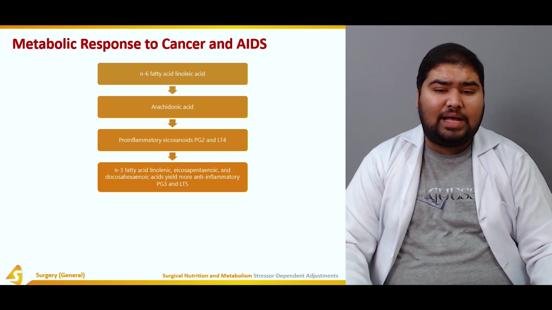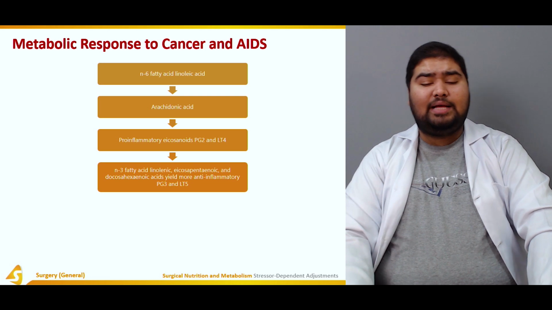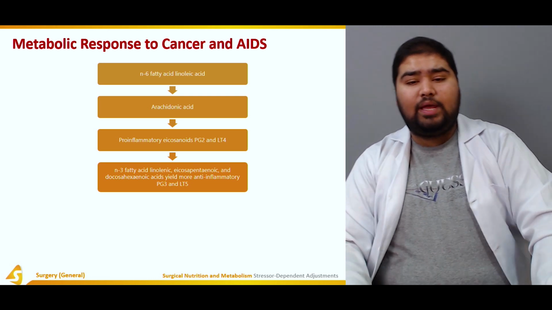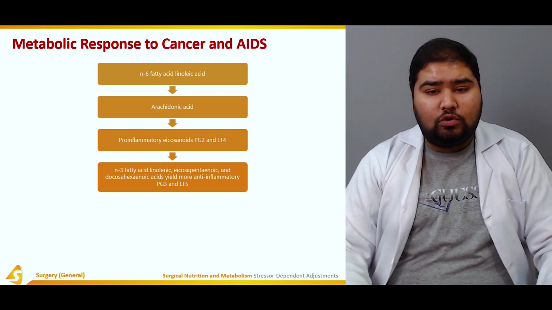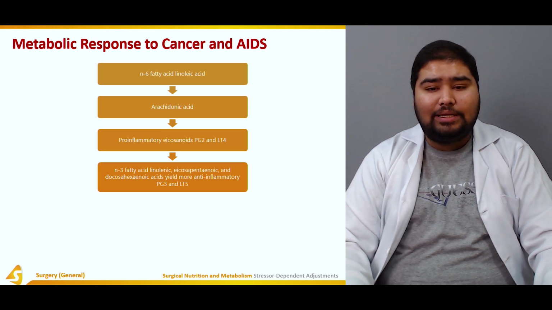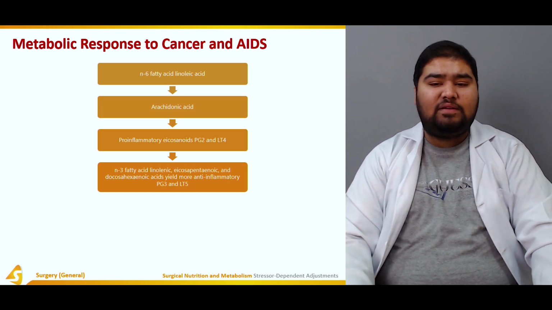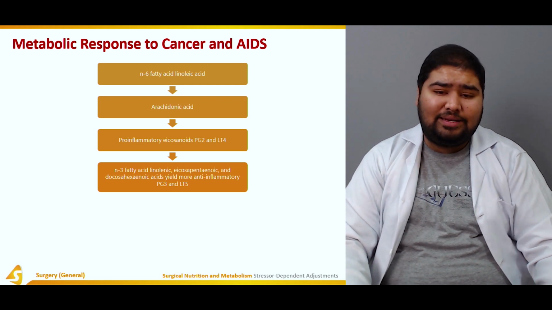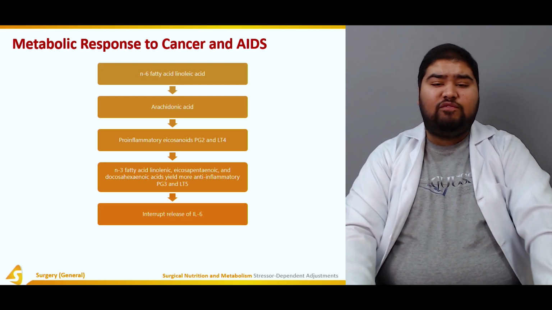Now the N3 fatty acids, the eicosapentaenoic acid and docosahexaenoic acid, yield more anti-inflammatory prostaglandin 3 and leukotriene 5.